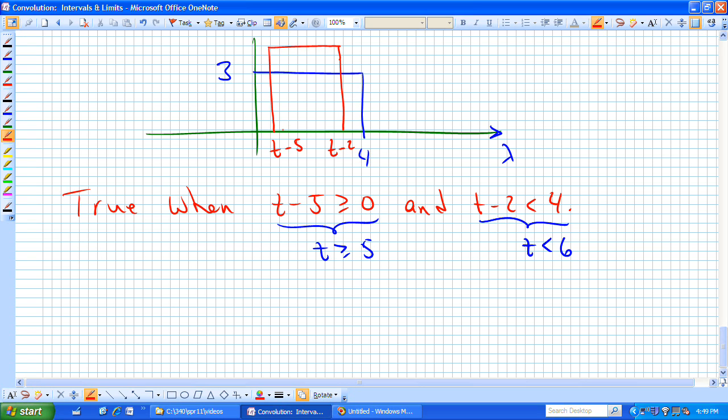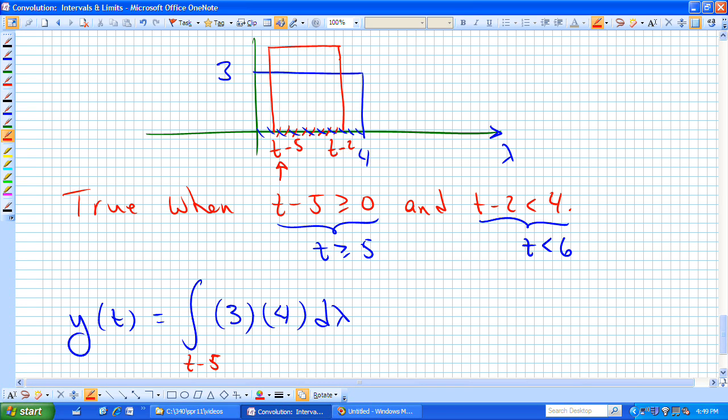Now what we need to do is find our integral expression and evaluate that, and that's going to say that y of t is now this integral. H of t has a magnitude of 3, x of t minus lambda has a magnitude of 4, so our integrand functionally has not changed. And now our lower limit of integration, I hope that you see that that's this t minus 5.